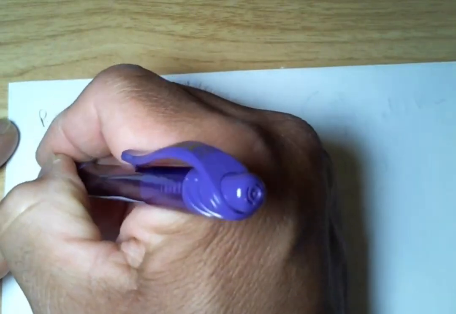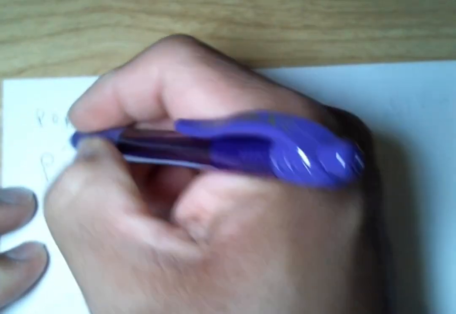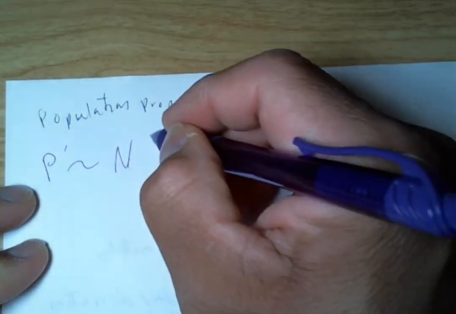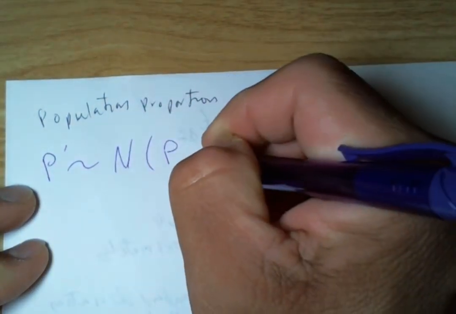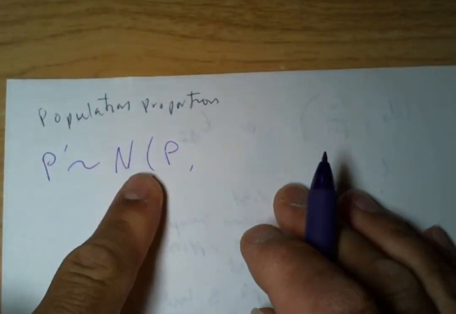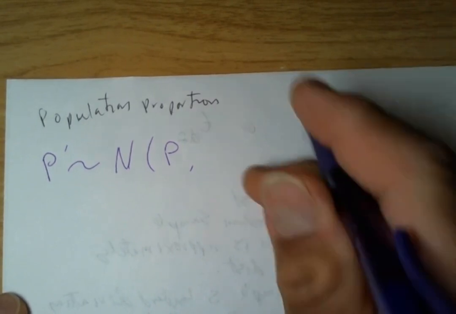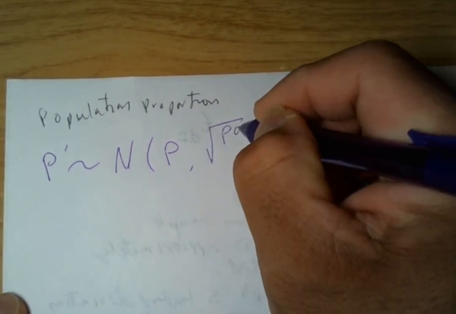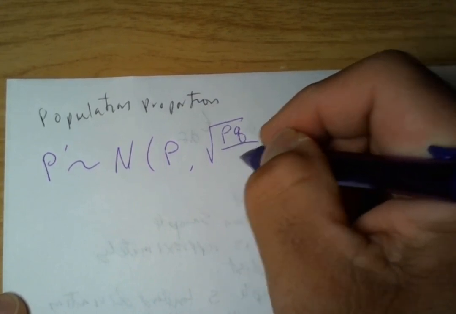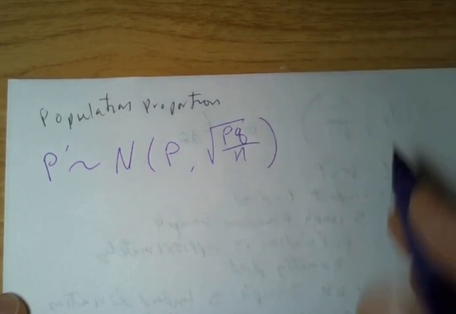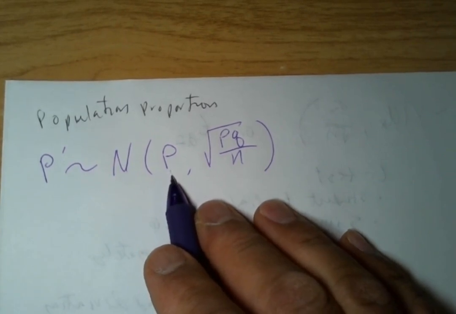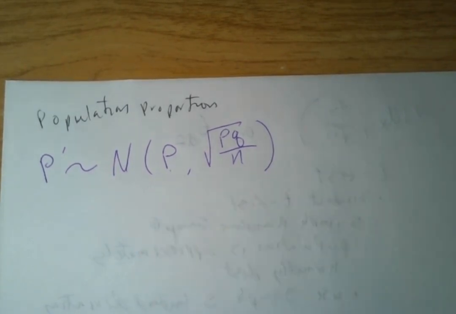All right. So in this case, our sample proportion, which we'll call P prime, will be normally distributed with mean of whatever the population proportion is, and standard deviation square root of P times Q over N. We call P the probability of a success.